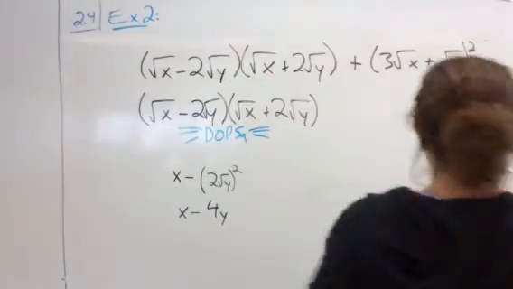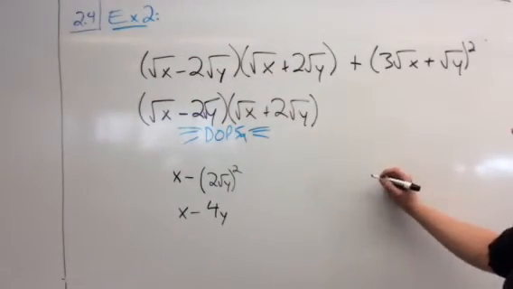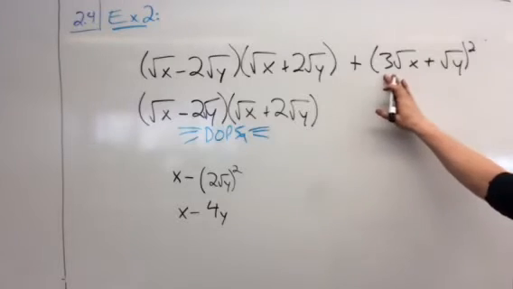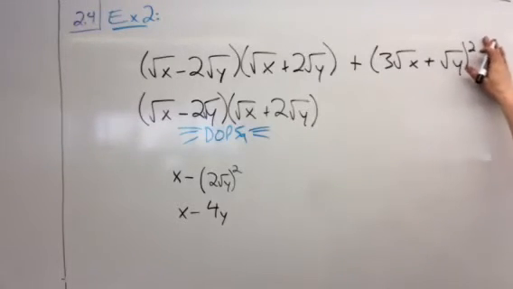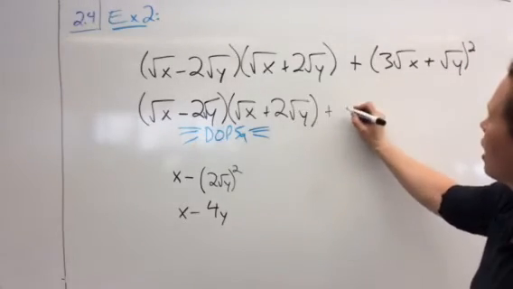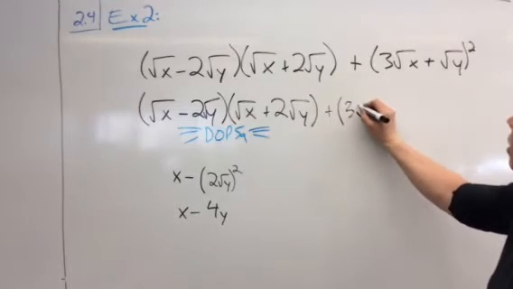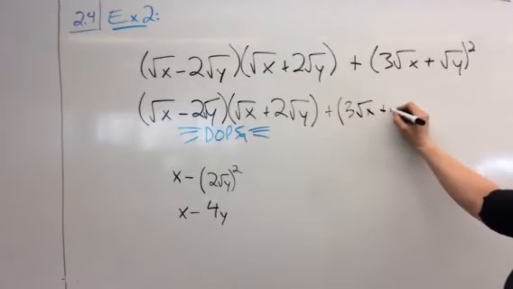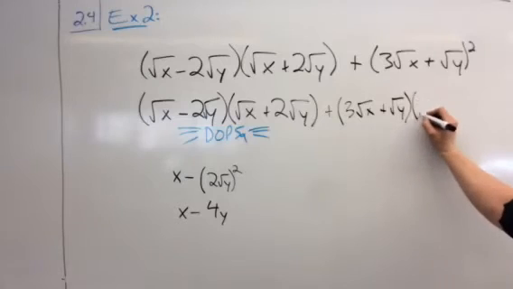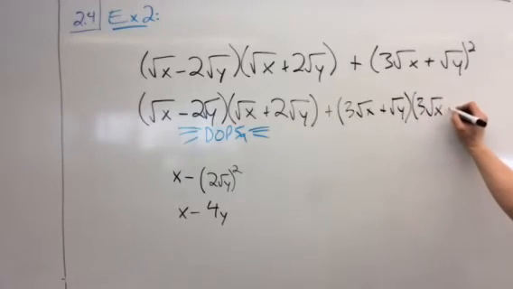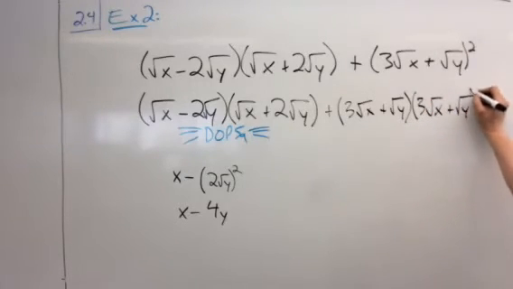Over here though, it's kind of the opposite because now I've got something in brackets squared, which means that in fact it's much more complicated than it looks to start with. So I'm going to have to do this. And that's less than fun.